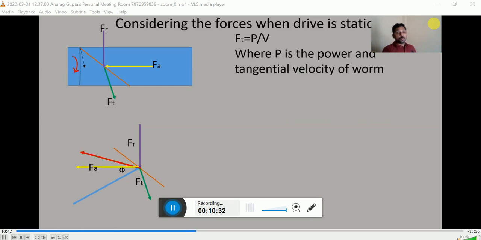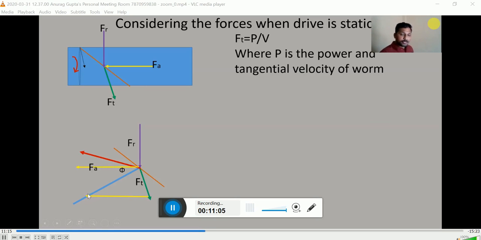Now, if you want to find out the axial force, what we will do? We will draw a parallel line to the axial force from the Ft. As the Ft magnitude is known to us, we will draw a parallel line from the end point of the Ft, and this parallel line will cut the perpendicular line at this point.